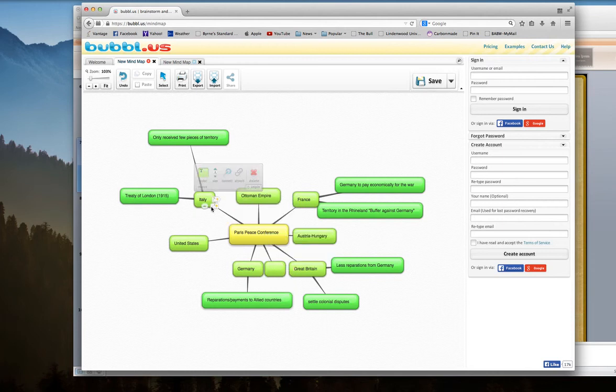Well, now there it goes. And you can change the colors to however you want, just so it'll be a lot more easily identifiable to you. But for now, we'll just leave it at this. And we'll delete this one. There we go. But you can see our mind map is growing by the second.